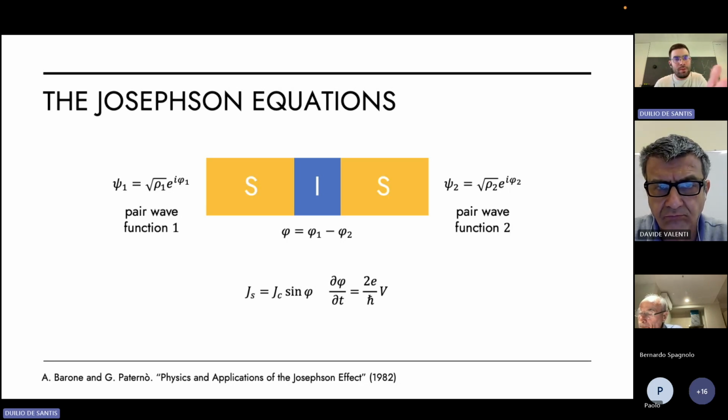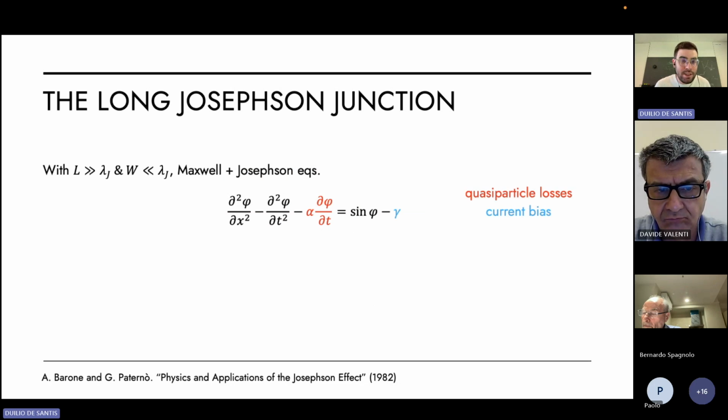This is for a point-like junction, but what we can do is consider extended systems.